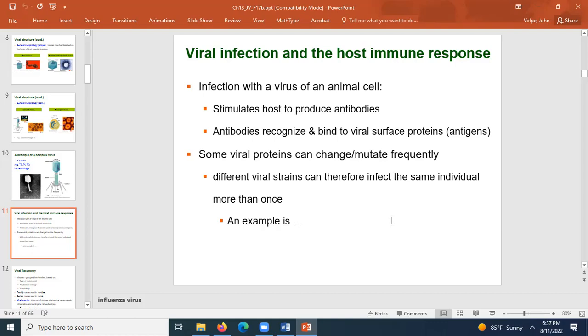And what happens is the host recognizes the virus from its antigens and then makes antibodies against those antigens. And the antibodies recognize and bind to the antigens of the virus, which will be the surface proteins of the virus. Any question about any of that?